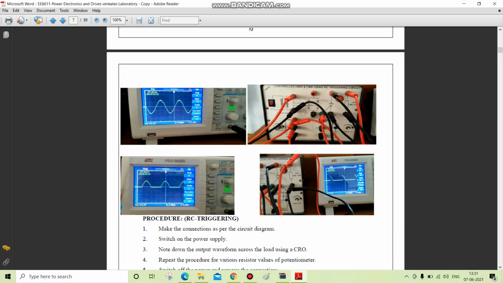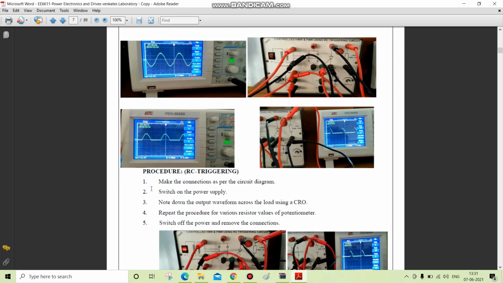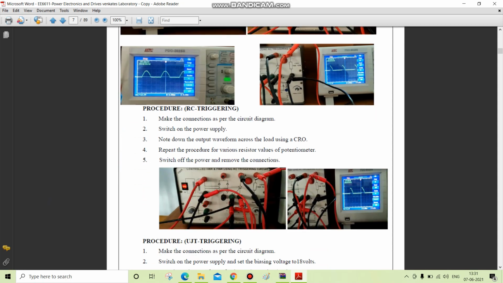Then we are going to see the RC triggering circuit. RC means resistance and capacitance triggering circuit. Here also we have the trainer kit. The connections are given in the RC set. Make the connections as per the circuit diagram, switch on the power supply and note down the output waveform across the load using a CRO, and repeat the procedure, and after finishing the experiment switch off the power and remove the connections.